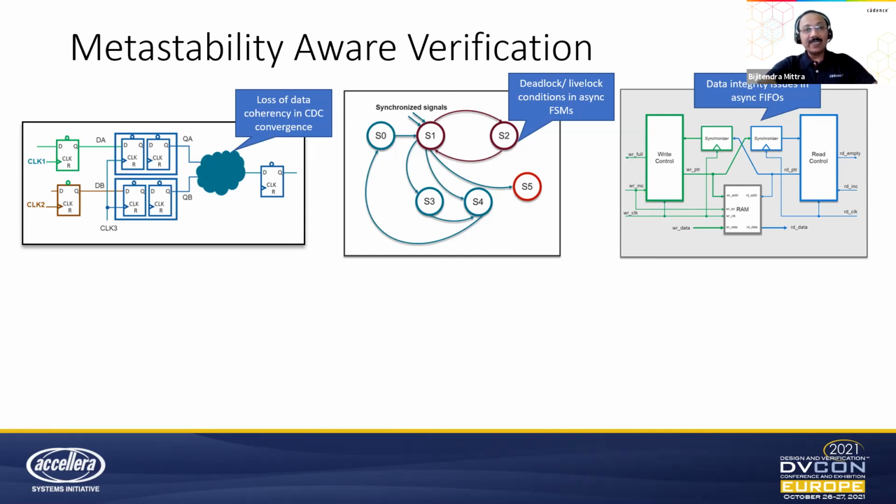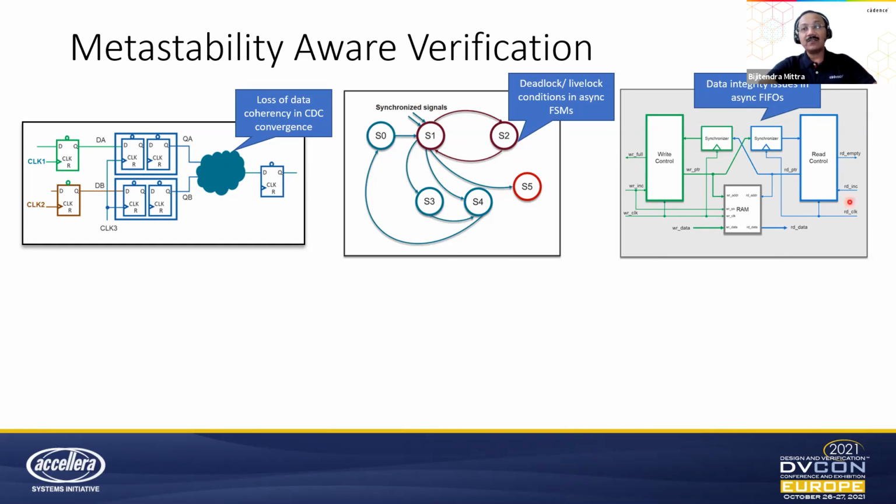So this is an effect of metastability. Similarly, if I have an FSM with asynchronous inputs coming in, after synchronization these signals can lose their timing coherency, which can cause an undesired state transition, which in the worst case could be a deadlock or a livelock state, and that can cause the FSM to go for a toss.